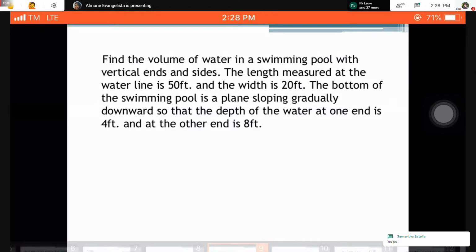So, unang problem natin is, find the volume of water in a swimming pool with vertical ends and sides. The length measured at the water line is 50 feet, and the width is 20 feet. The bottom of the swimming pool is a plane sloping gradually downward so that the depth of the water at one end is 4 feet and at the other end is 8 feet. So, ang hinahanap dito is volume ng water.